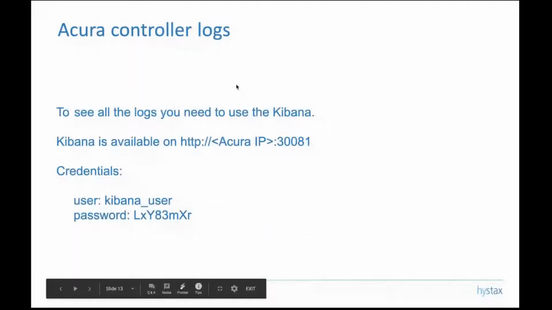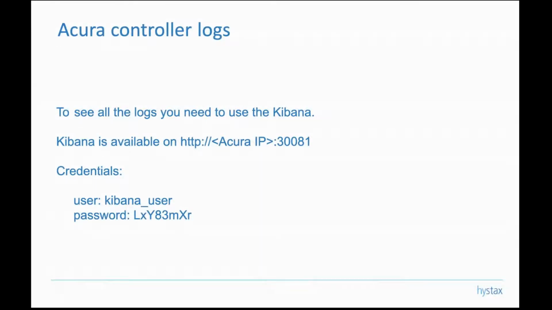Okay. As for the controller logs, Acura controller logs, we have the ELK stack integrated with our services, and it's run inside Acura by default. All the services that Acura consists of send information to the Acura controller and to Kibana, which is available on port 30081.